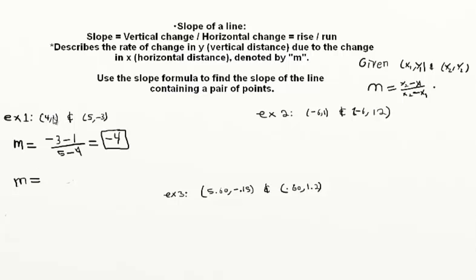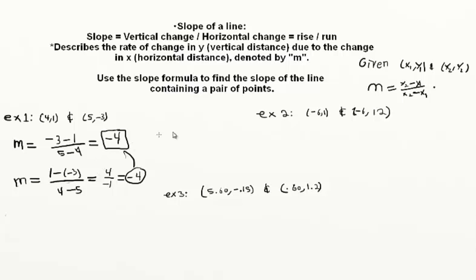Then we take 1 minus negative 3 as the change in y, and divide that by the change in x, that is 4 minus 5. So 1 minus negative 3 is 1 plus 3, which is 4, divided by 4 minus 5, which is negative 1. So that's negative 4. As you can see, these two answers match up.